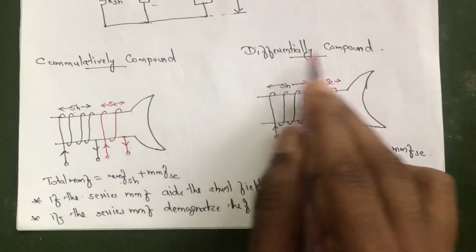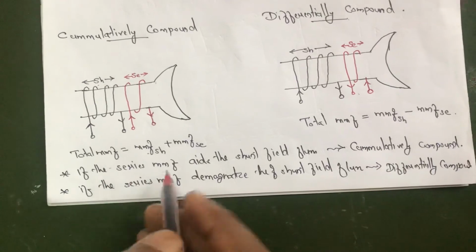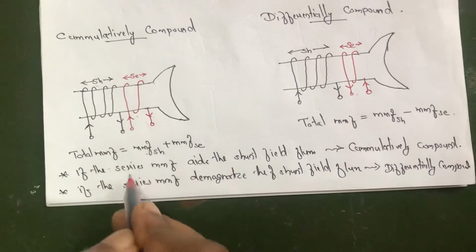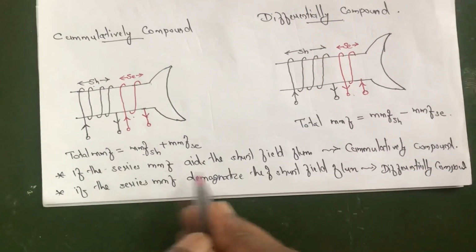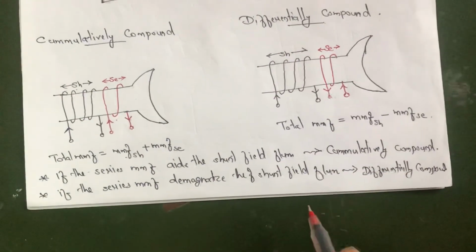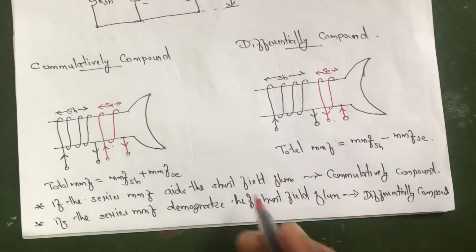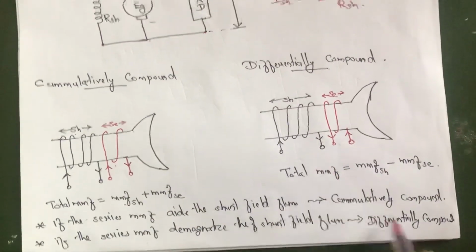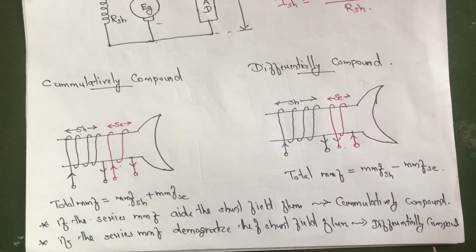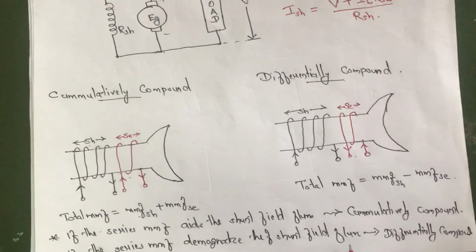Therefore we are saying it is differentially compound. So if the series MMF aids the shunt field flux, then it is called a cumulatively compound DC generator, and if the series flux demagnetizes the shunt field flux, then it is called a differentially compound DC generator.